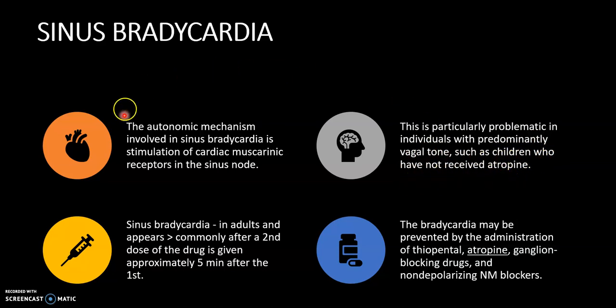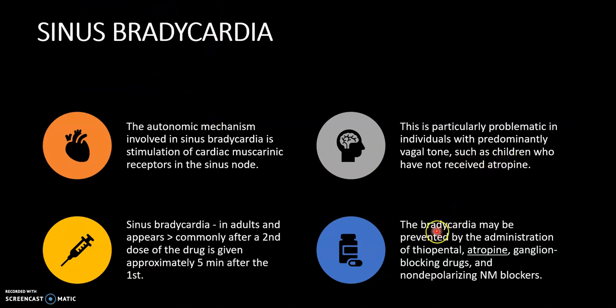These are just some details to help you remember sinus bradycardia, so no need to worry too much about the details. This is more for second year and fourth year students, rather than first year students. But you need to know a little bit on sinus bradycardia and know that this is an adverse effect, a side effect of giving suxamethonium.